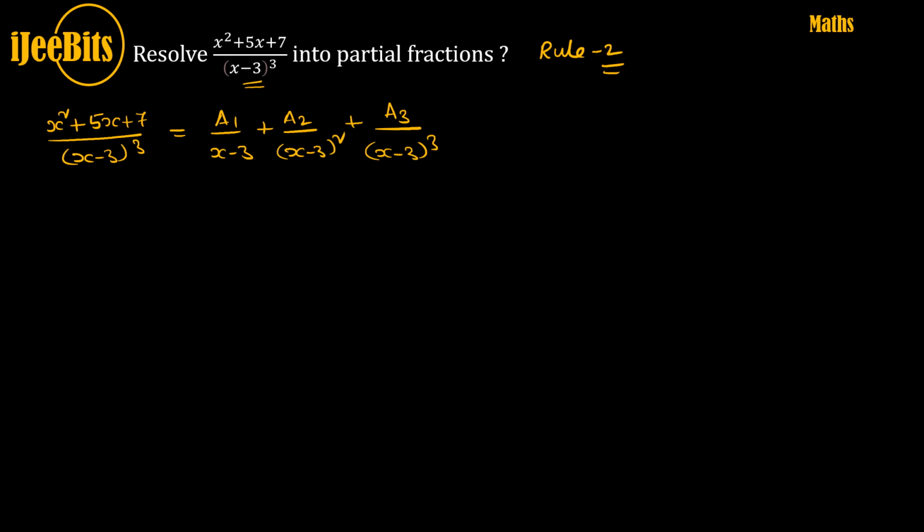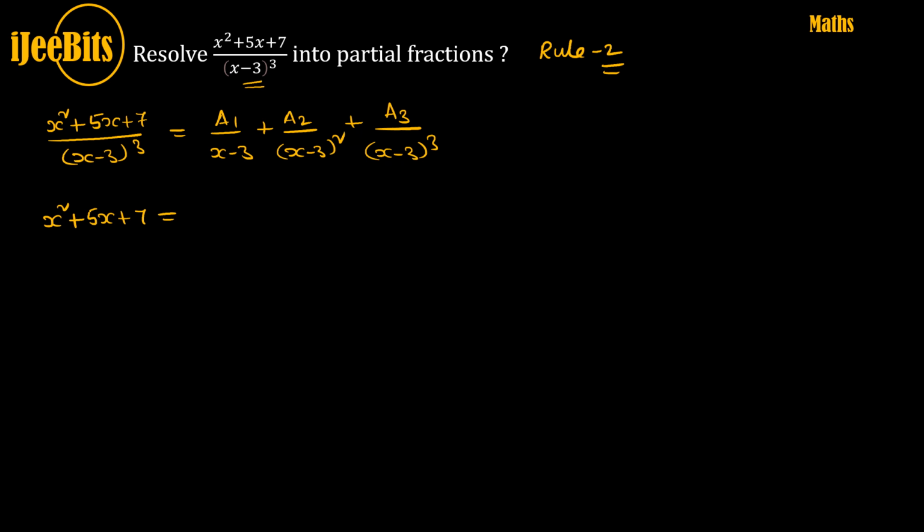Now you take the LCM and then equate only the numerators from both LHS and RHS. So x square plus 5x plus 7 equals, if you take the LCM, x minus 3 whole cube is what you get.